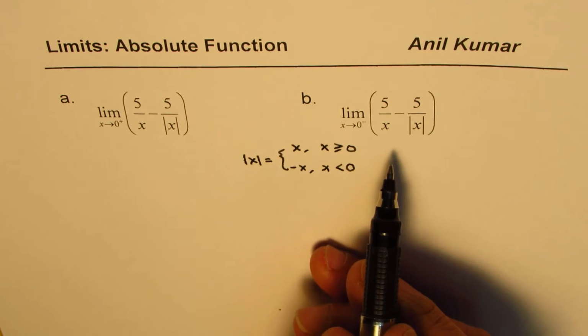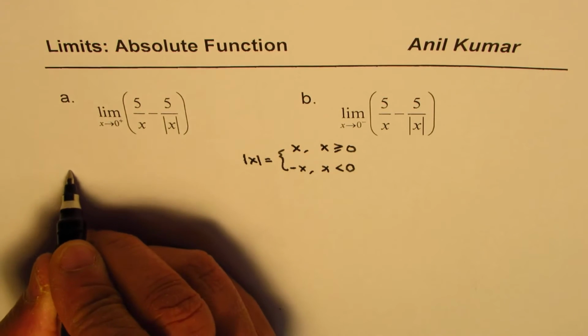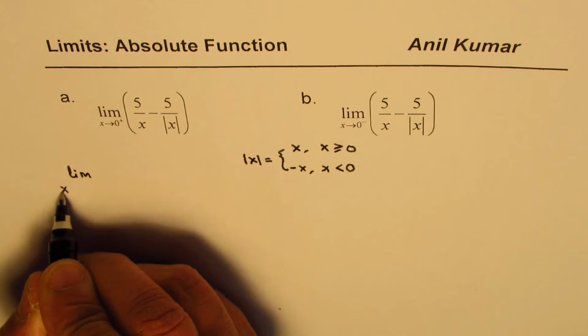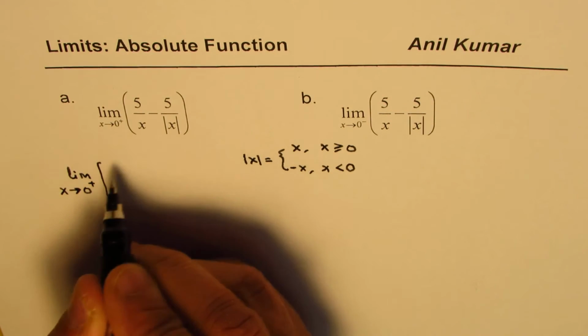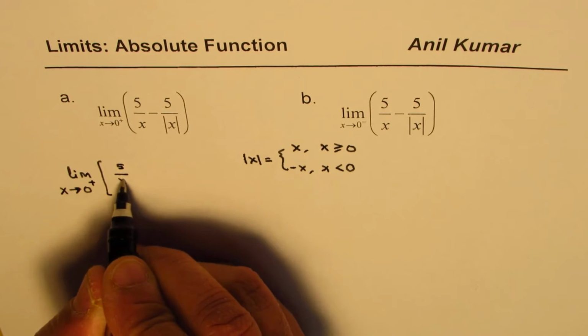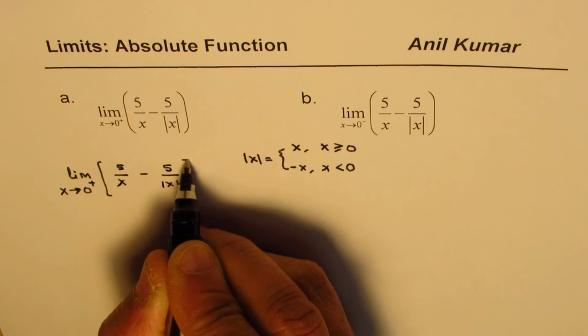Great. Now let's do part A first, where we have to find the limit when x is approaching 0 from the right side, right? And the function is 5 over x minus 5 over absolute x, right?